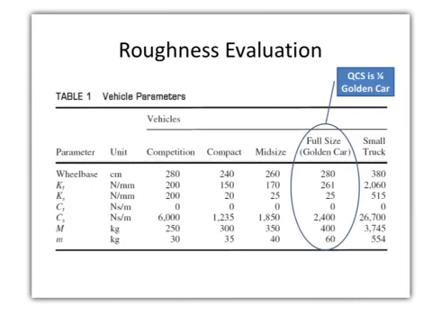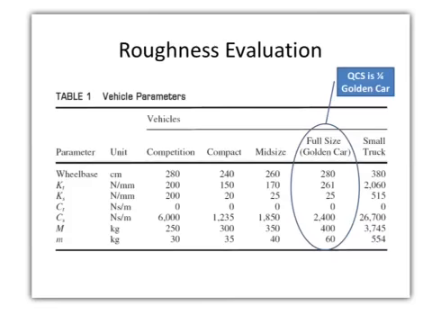Now we have different vehicles here: compact, mid-size, full-size, all the way to small truck. The one that was used originally as the QCS quarter golden car was the full-size car, and those are the numbers they used as preliminary numbers to measure the International Roughness Index.